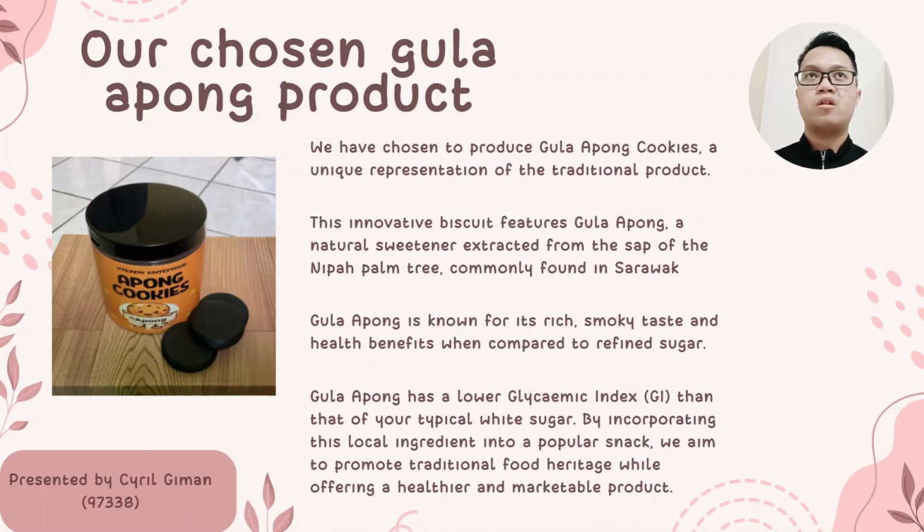It is because gula apong has a lower glycemic index, or GI, than your typical white sugar, and by incorporating this local ingredient into our product, we aim to promote traditional food heritage while also offering a healthier and more marketable product.